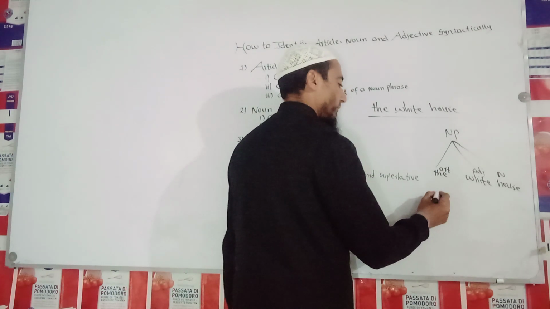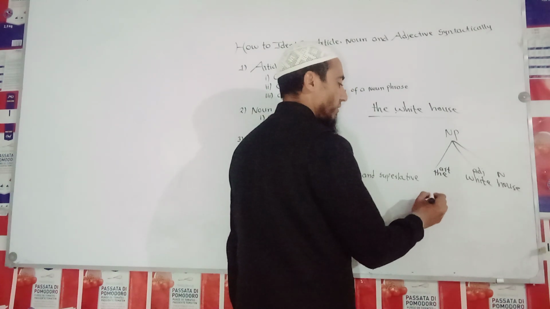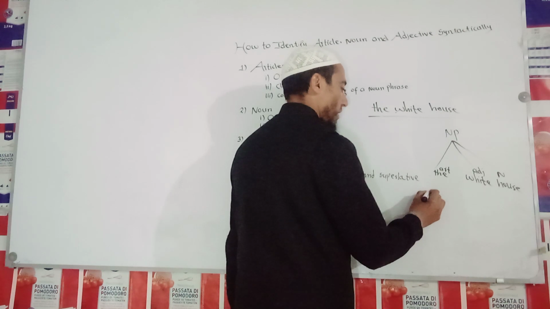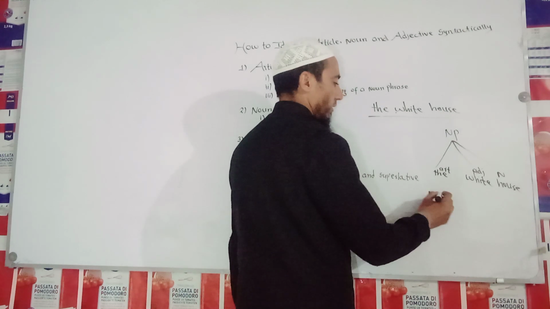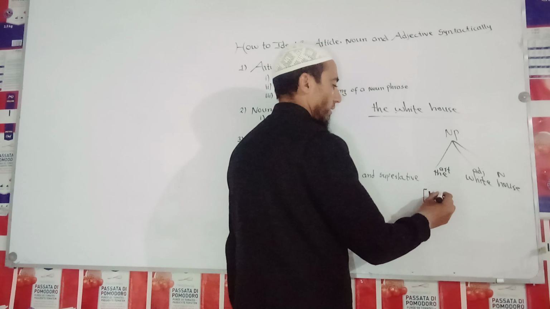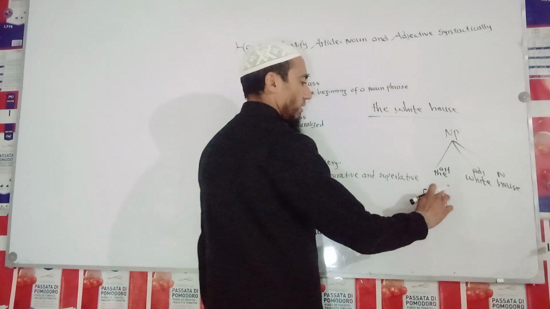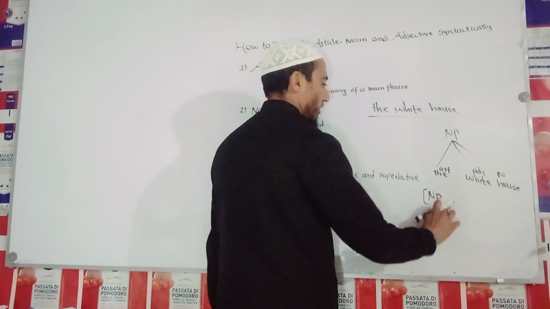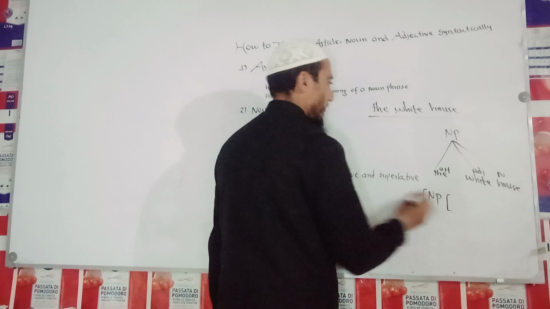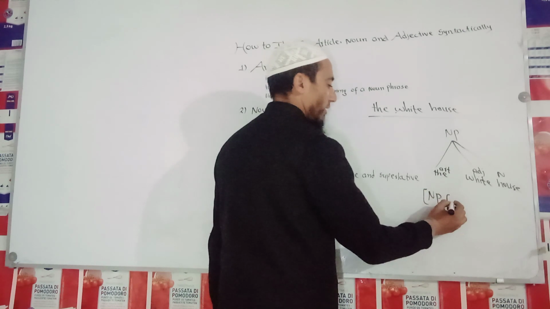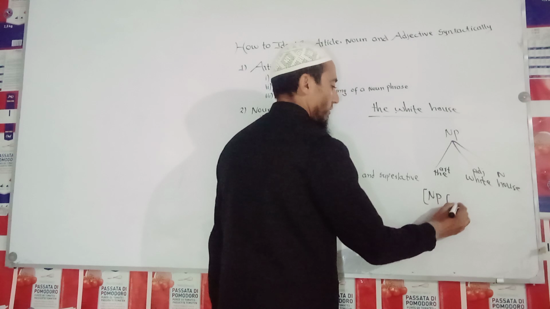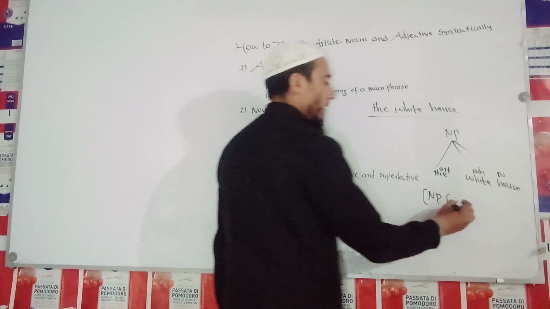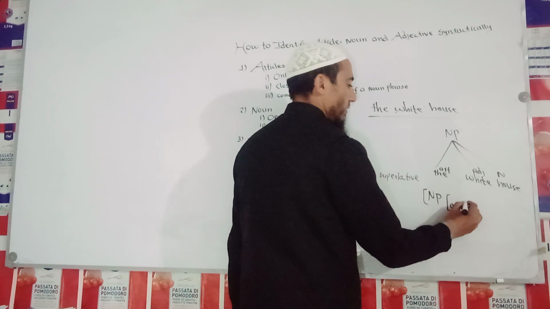For example, draw the structure of this NP. After that, I'm starting the rest of them. For example, we have an article. So I'm writing here ART, ART means article. So what is the article? That is the.